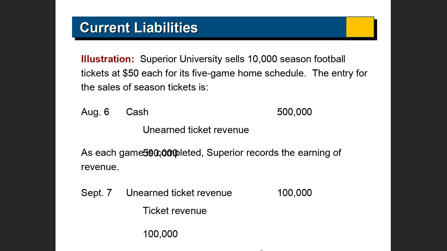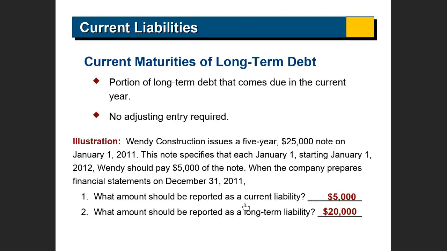Okay. Then we have something called current maturity of long-term debt. What is current maturity of long-term debt? The portion that is due within 1 year.